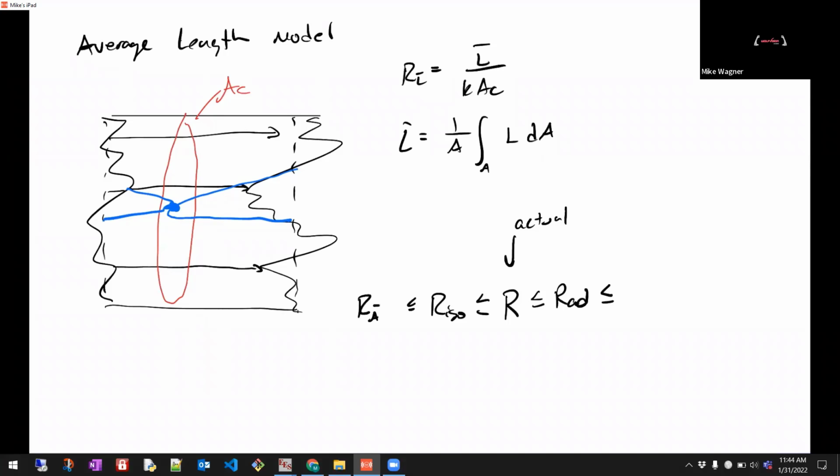The average area model told us 10 watts when in fact the bounds should be between 3 and 6. So that implies that the average area model's resistance is actually much lower than even the isothermal. And then the average length is bad in the opposite way. So here we have our L bar over here. Anytime you're using these models, you're going to have this kind of hierarchy. Area average is always less than isothermal, which is less than the real, which is less than adiabatic, and the average length.